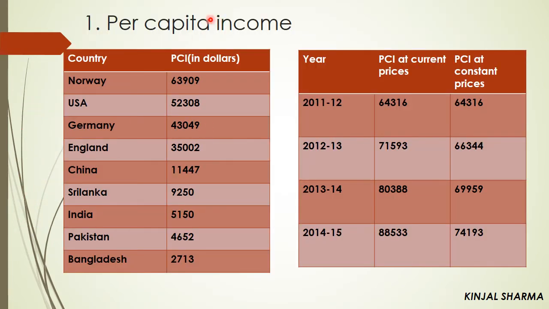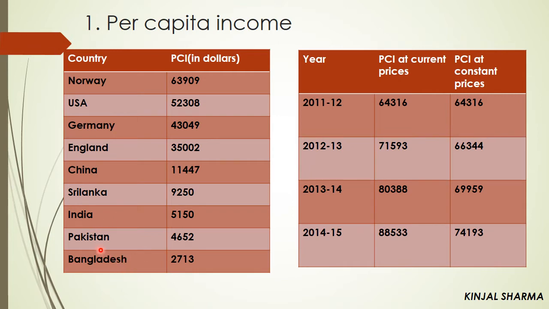Per capita income. Here the per capita income in dollars is given for different countries. Norway is 63,909, USA 52,308, then China, Sri Lanka, India, Pakistan, Bangladesh.